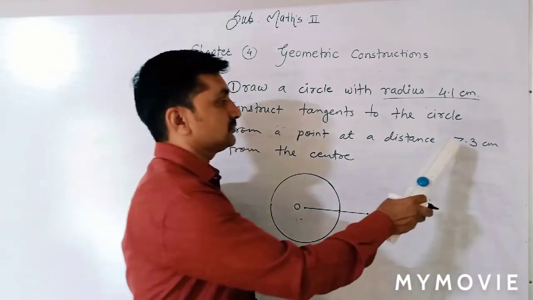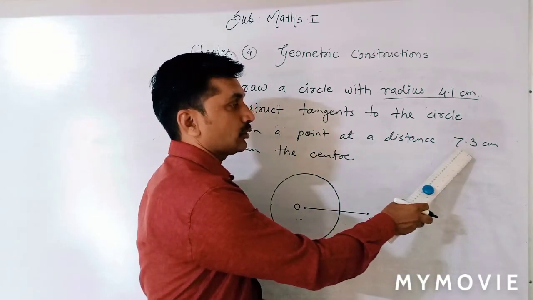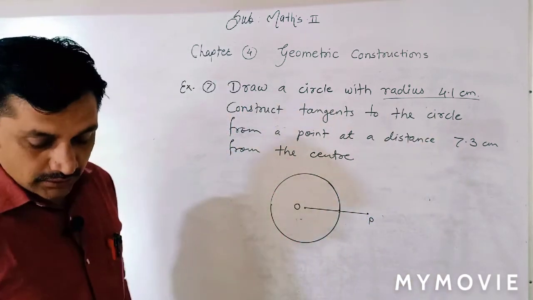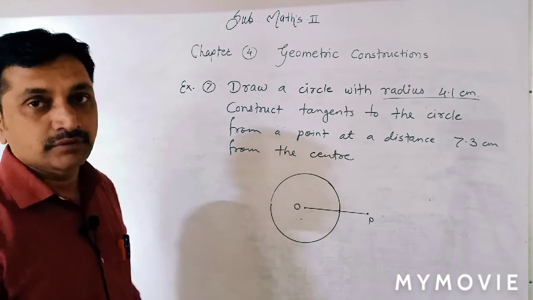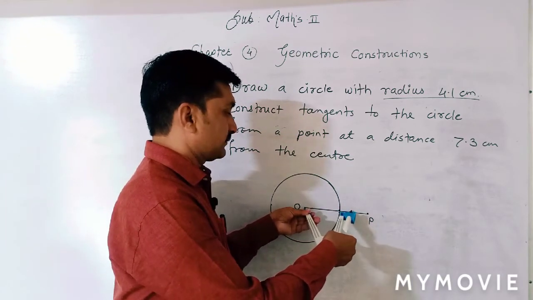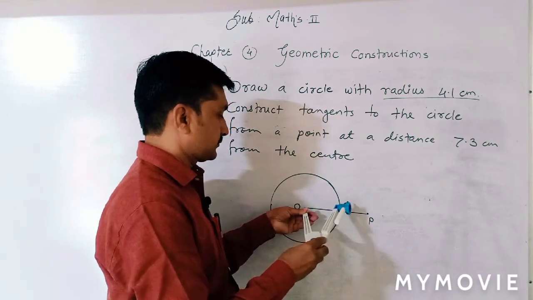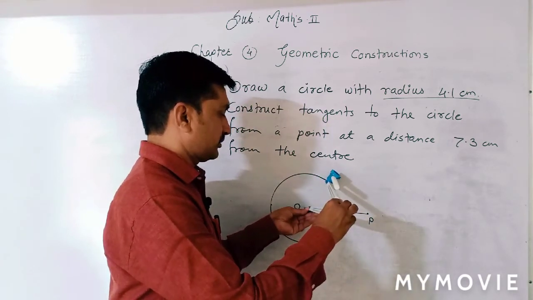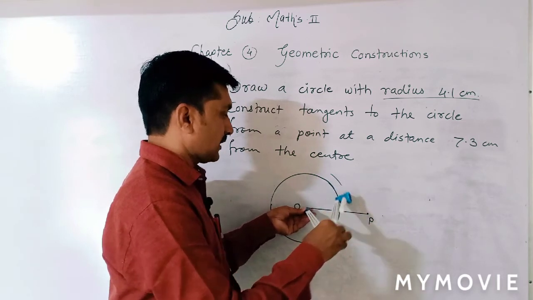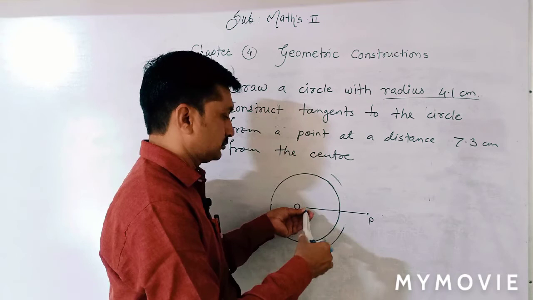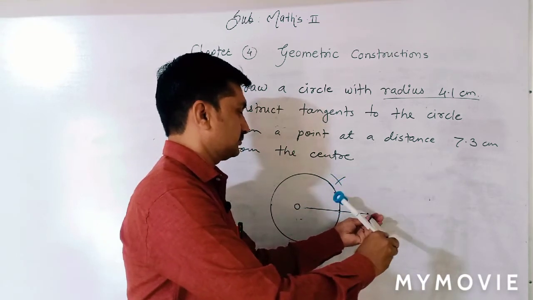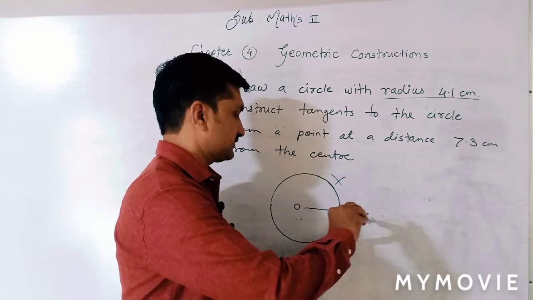OP is a segment with length 7.3 centimeter. Now we want the midpoint of this, and to draw the midpoint we have to bisect it. Therefore by taking more than half distance from O, draw one arc upside and second arc down. Then from P also draw arcs, let them intersect.